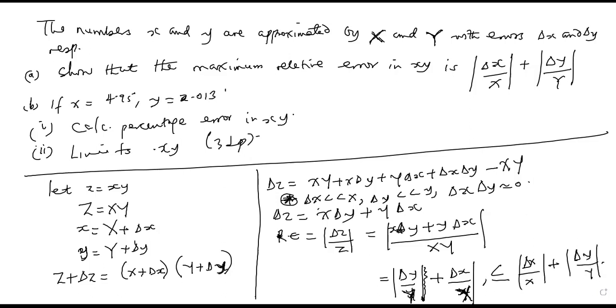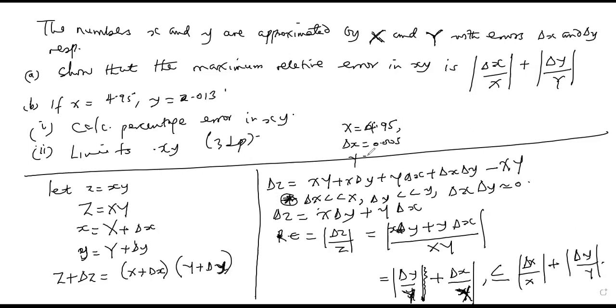As simple as that. Then when they say calculate the percentage error in xy, you just multiply by 100 in this, whereby if you have x as 4.95, then it means that delta x is 0.005.